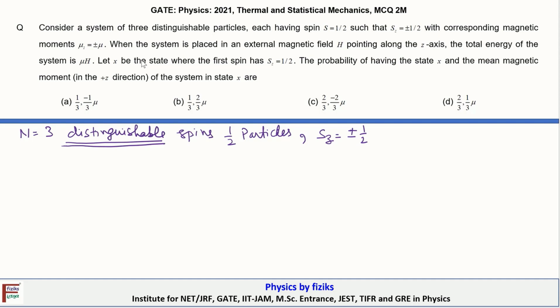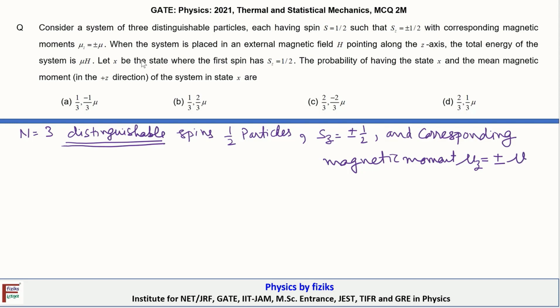So the spin could align along the field direction or opposite to the field, and the corresponding magnetic moment mu z, if we apply the field along the z direction, the vertical direction, is equal to either plus mu or minus mu.